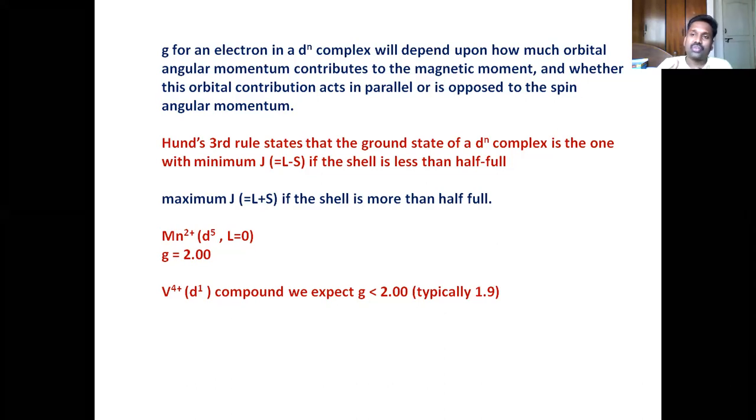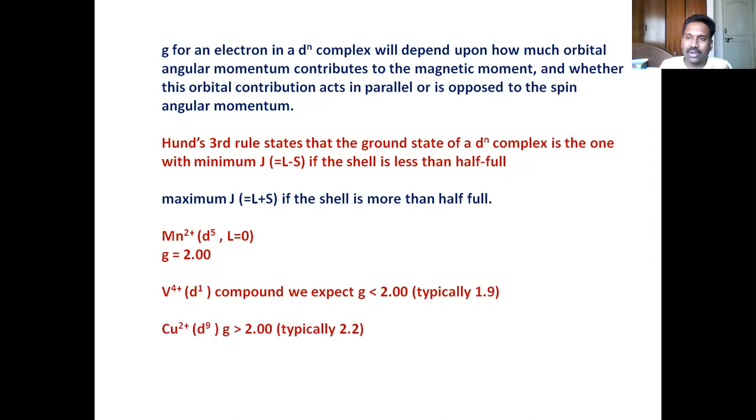So if the extent of coupling with orbital angular momentum is less, the G value is also less. Now we will take a system with more than D5, copper 2+, D9. For a D9 system, the ground state term symbol is the one with maximum J, so L plus S. So there is more coupling with the angular momentum. Therefore, the G value increases.